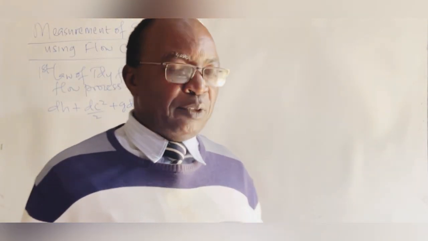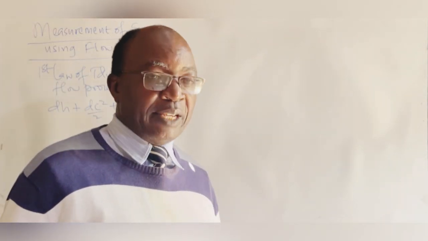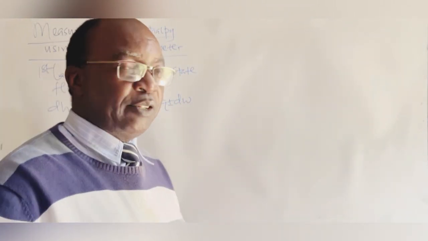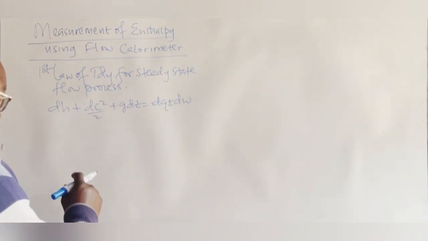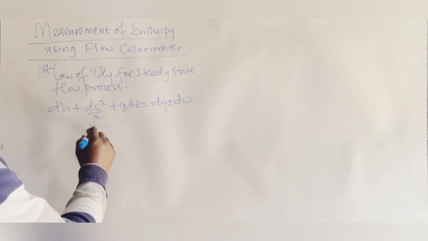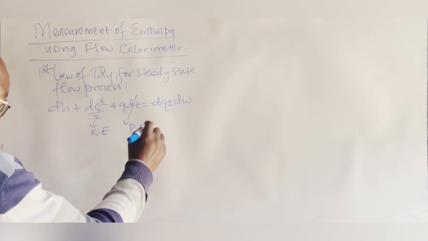In earlier lectures, we said that's just a question of notation. If minus W is work done by the system on the surroundings, or if plus W is work done by the system on the surroundings, that's one's choice, only that you use it consistently. This term represents kinetic energy, that term represents potential energy.